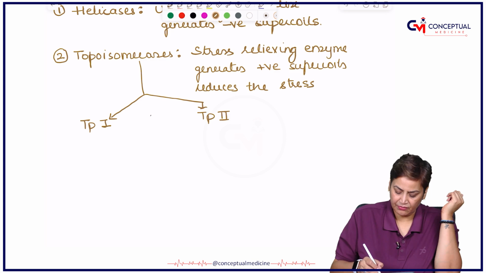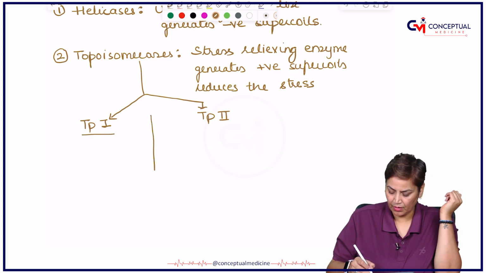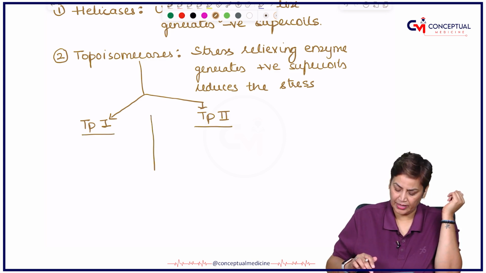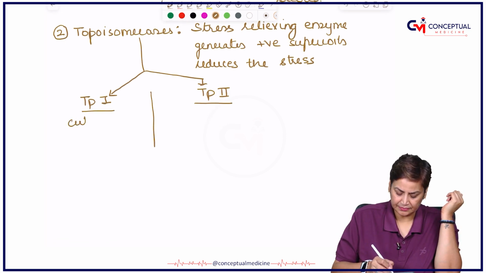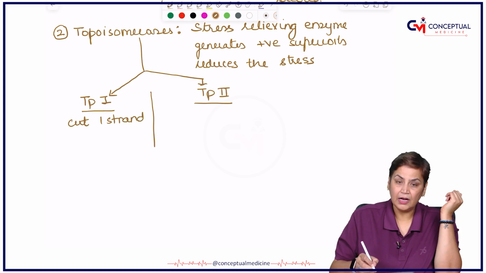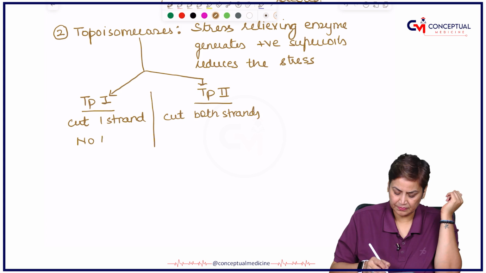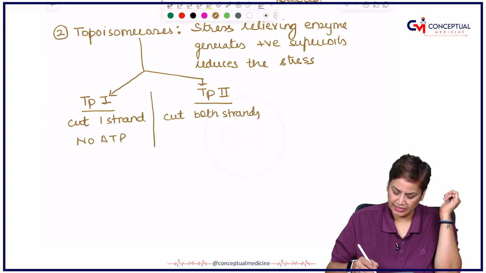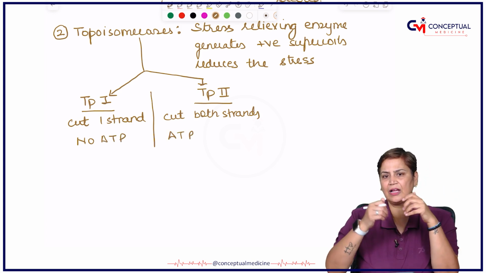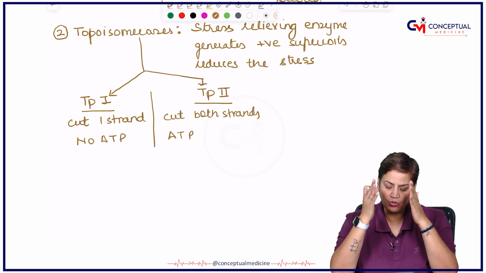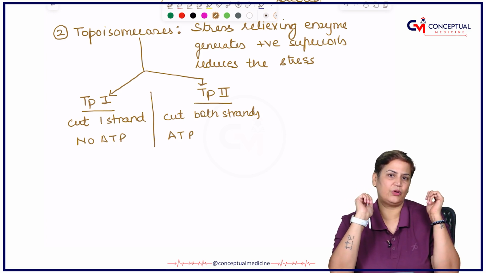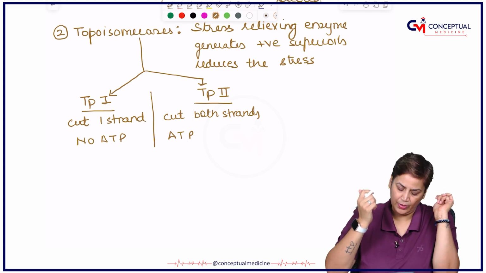And what are the different functions? Topoisomerases 1 cuts one strand, 2 cuts both strands. No ATP required. And in topoisomerases 2, ATP is required because it will cut and rejoin. It is going to cut both the strands and rejoin them. So for that purpose, energy is required.